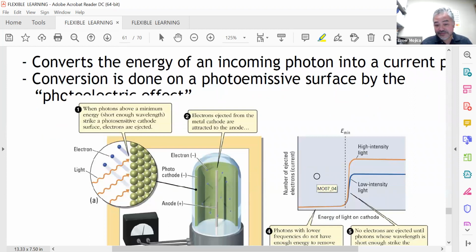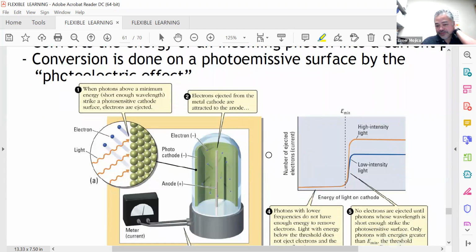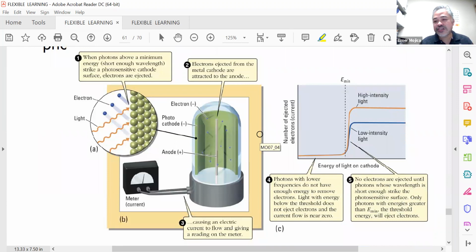That's the photoelectric effect. And then the electrons ejected from the metal cathode are attracted to the anode. And then what happens? It causes an electric current to flow, giving a reading on a meter. So the photons with lower frequency do not have enough energy to remove the electrons.